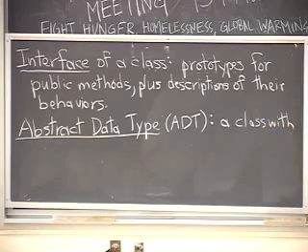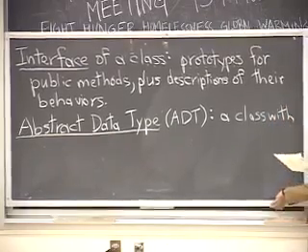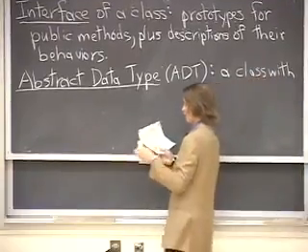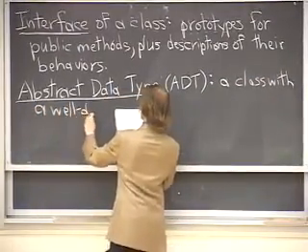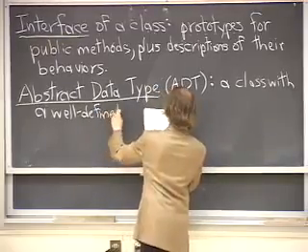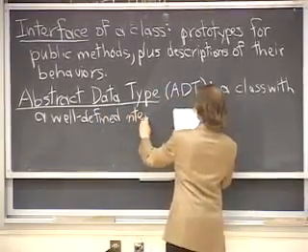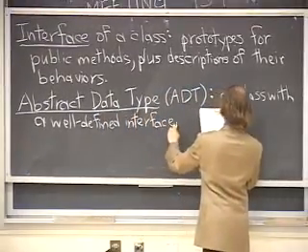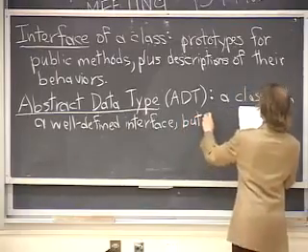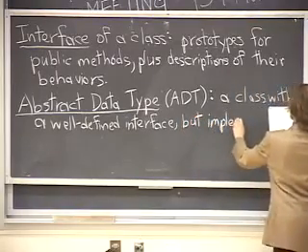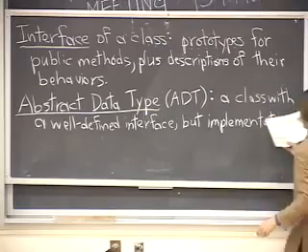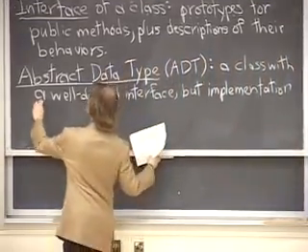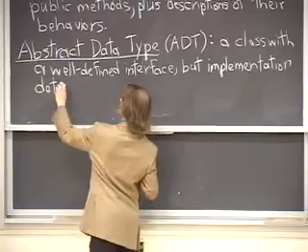I'm being vague here because sometimes an ADT is made up of several classes. That has a well-defined interface but its implementation details are hidden. They are firmly hidden from other classes.